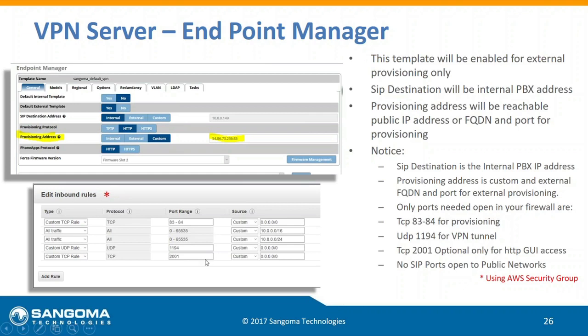You may want to not open the port and enforce that anyone trying to access the UCP, the user control panel, needs to be connected to the VPN first. Otherwise, they are not going to have access. That's a design decision, or a security decision.